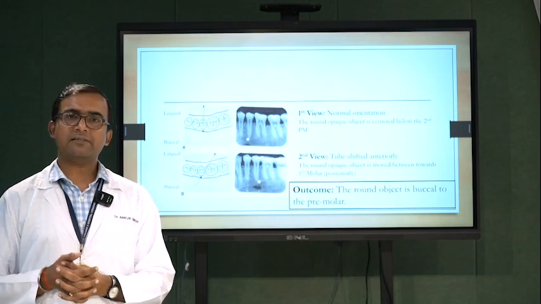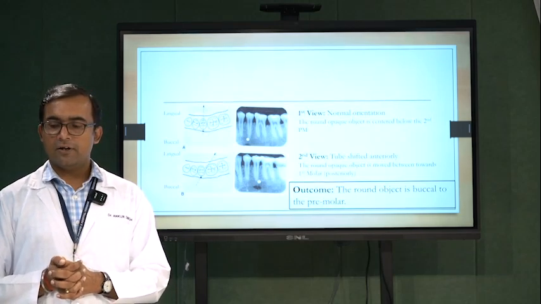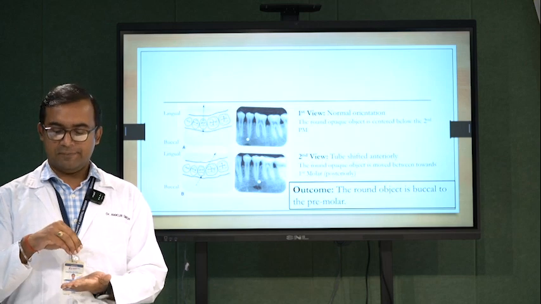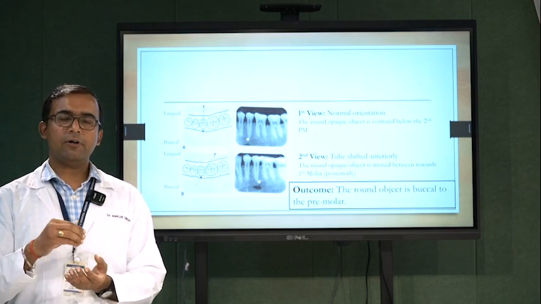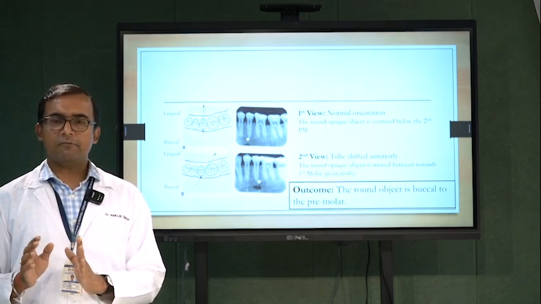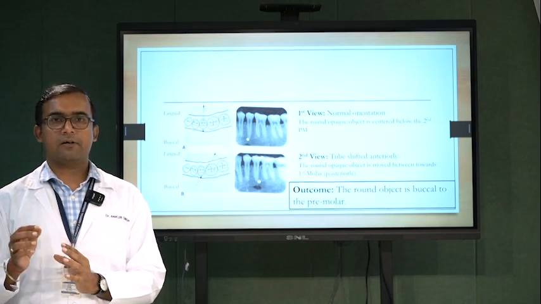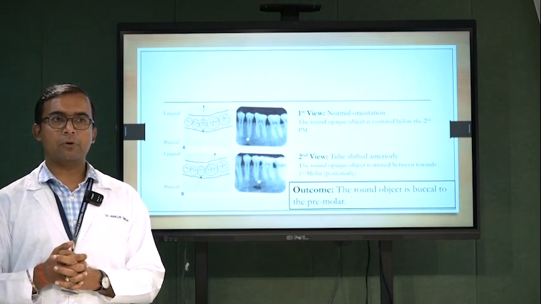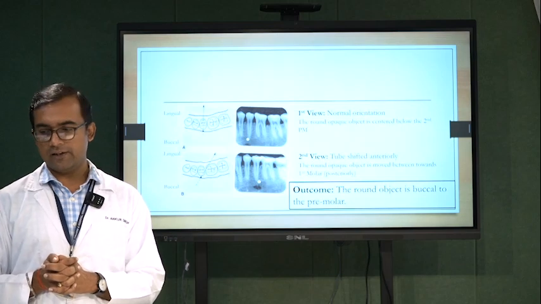So it is in the same line, exactly periapical to the tooth. It is not buccal or lingual, it is in line with the tooth. So it will not shift anywhere, either anterior or posterior.